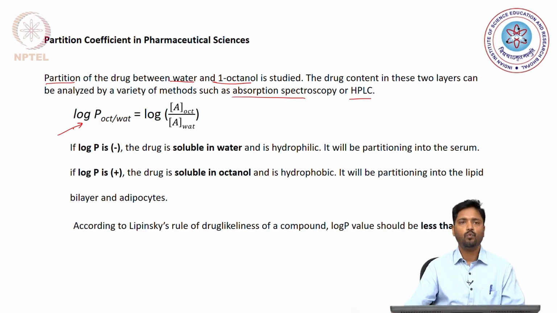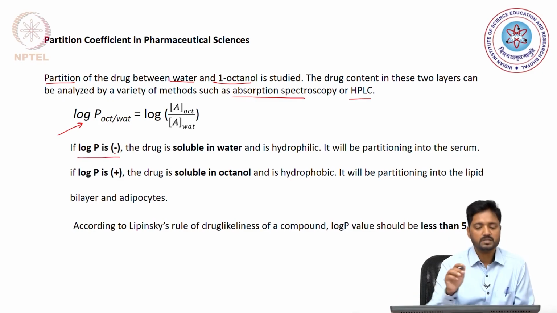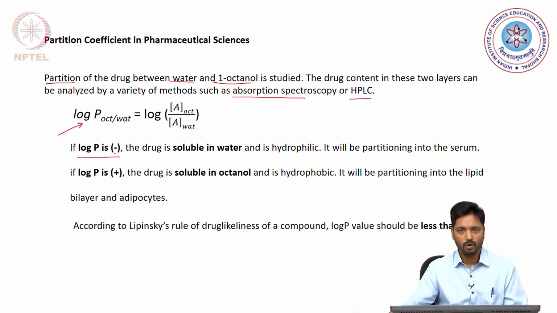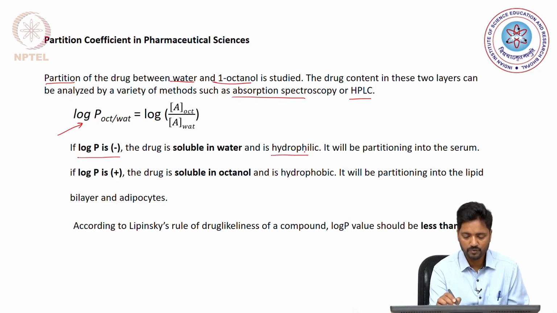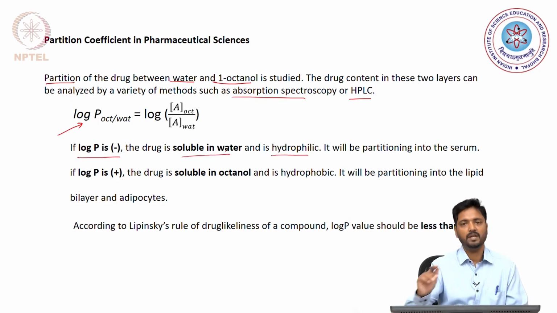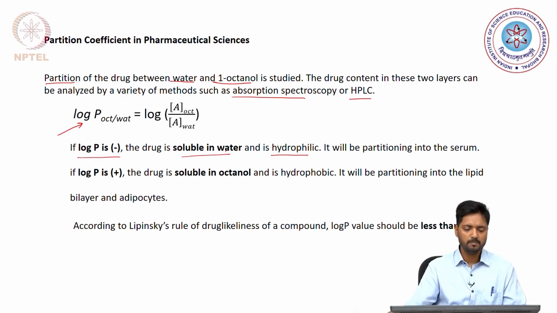Now, what people have realized is that if the log p value is negative, then more of the drug partitions into the aqueous layer, or the drug is considered to be hydrophilic and soluble in water. A very common example of a compound that will show a negative log p value will be something like acetamide or acetic acid, because it will partition well in the aqueous phase.